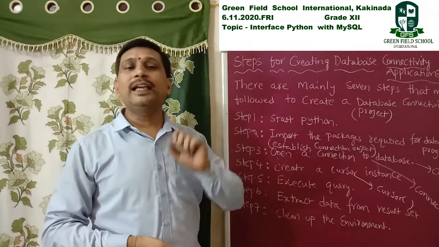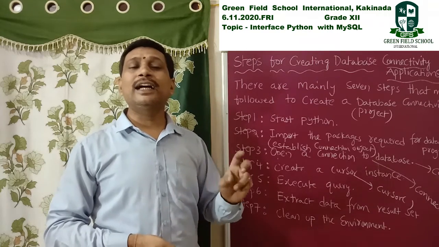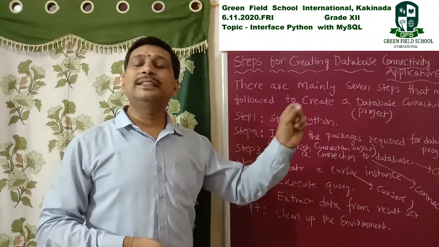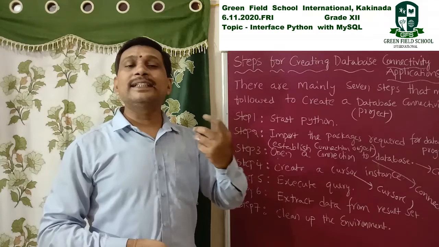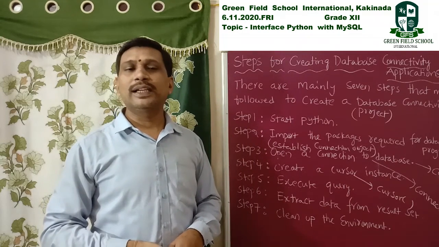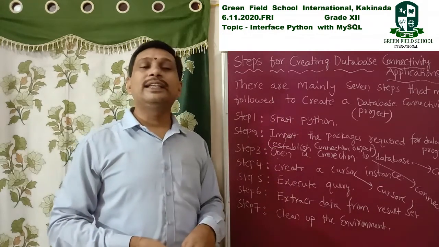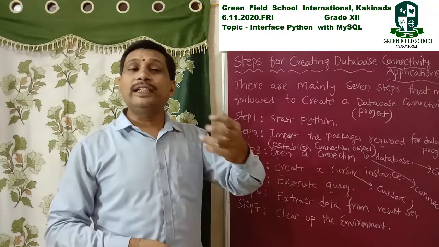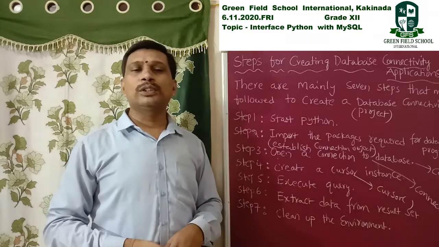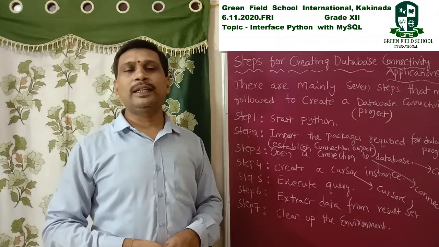So we take each and every tuple or record. All the records are placed there. The executed query result is placed in that cursor. We take each and every record one by one according to our requirement. All the records are placed in this cursor instance or object. Then we take a single row, more than one row, or all the rows according to the requirement of the programming.